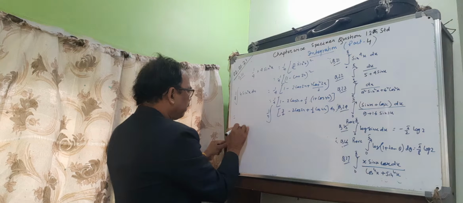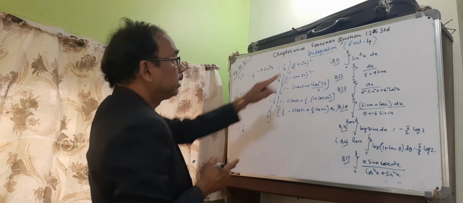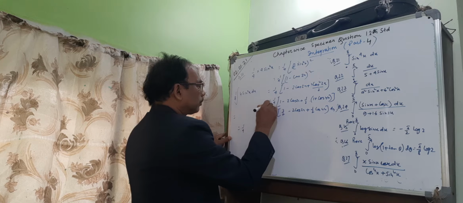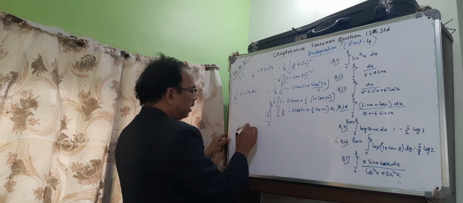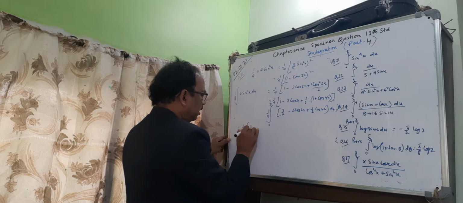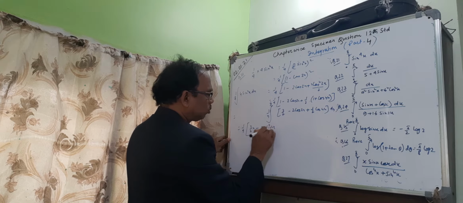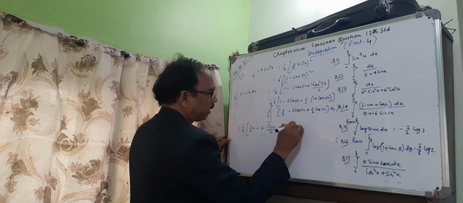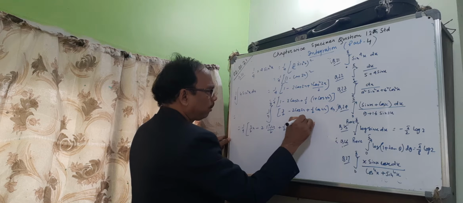Now do the integration, that is 1 by 4, with limit 0 to pi by 2. Integration of 3 by 2 dx means 3 by 2 x, minus 2 cos 2x integrates to sine 2x by 2, plus 1 by 2 sine 4x by 4. Your limit is 0 to pi by 2.